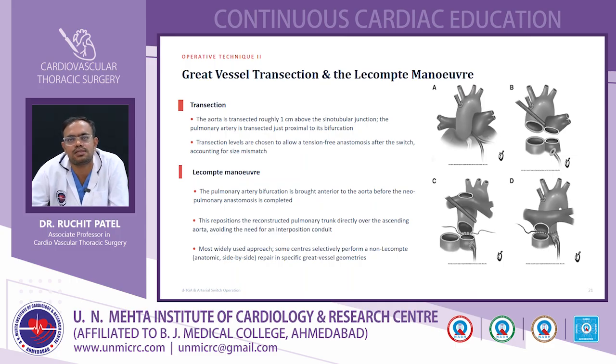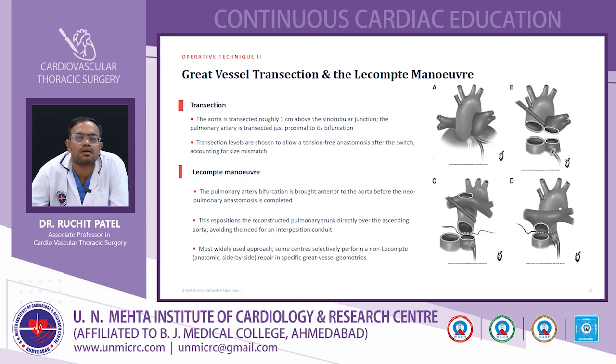In the original Jatene operation, there was no Lecompte maneuver, so an interposition graft was required to connect the proximal to the distal pulmonary artery. With the Lecompte we can directly connect it to the root of the pulmonary artery without using an interposition graft. This is the most commonly preferred approach in most of the cases.